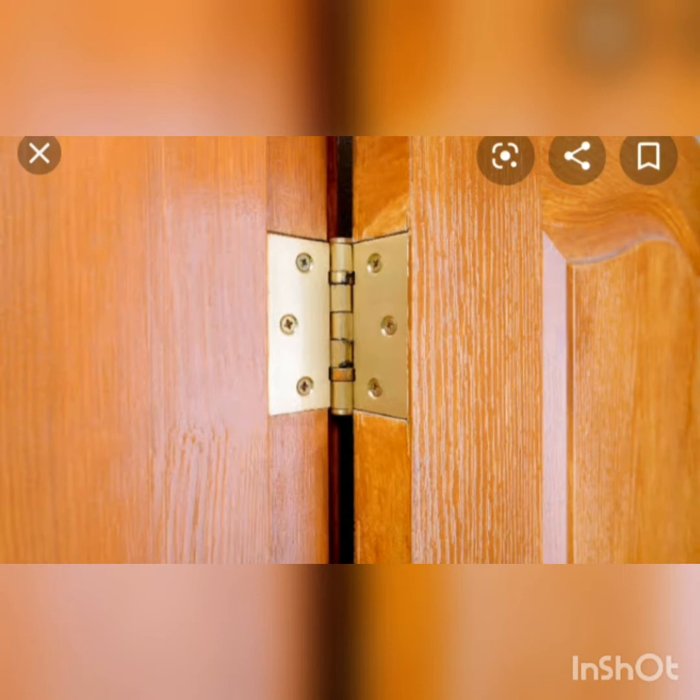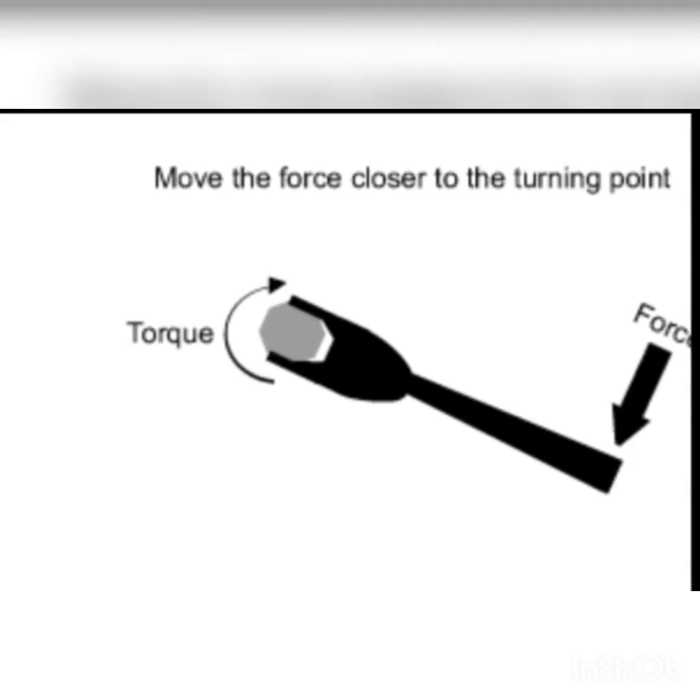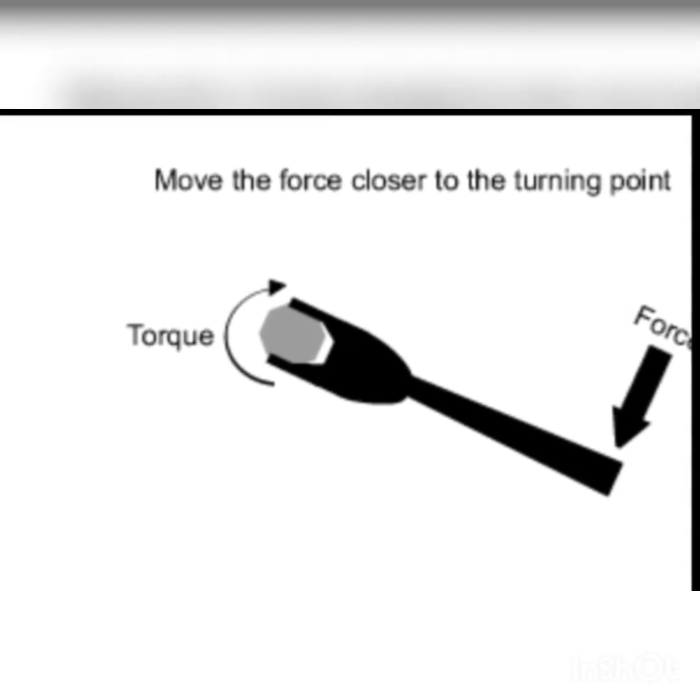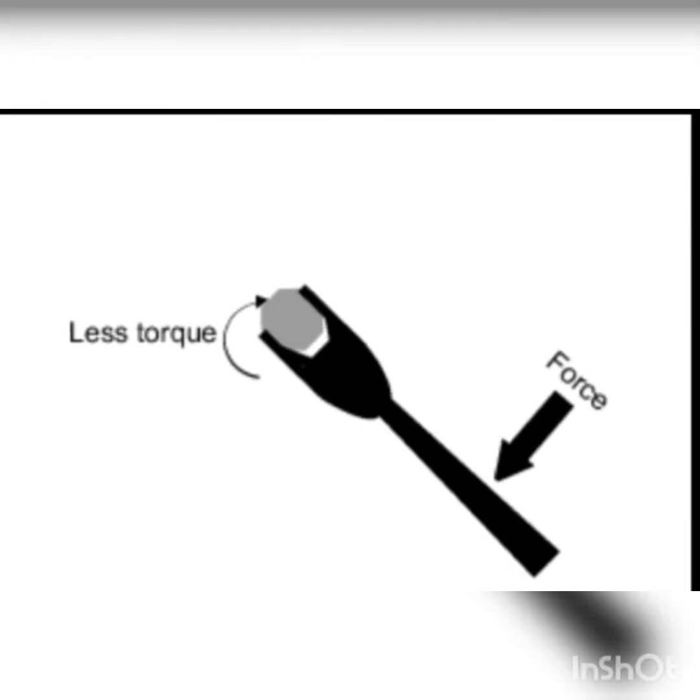The turning effect of force is called the moment of force, or torque, or simply moment. Torque is the tendency of force to produce rotation. It is the rotational equivalent of force.